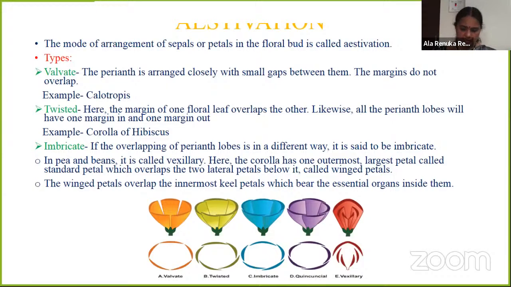In vexillary, the outermost standard petal overlaps the two lateral petals, and in turn the two lateral petals overlap the two fused keel petals inside, which have androecium and gynoecium inside them. This is aestivation.